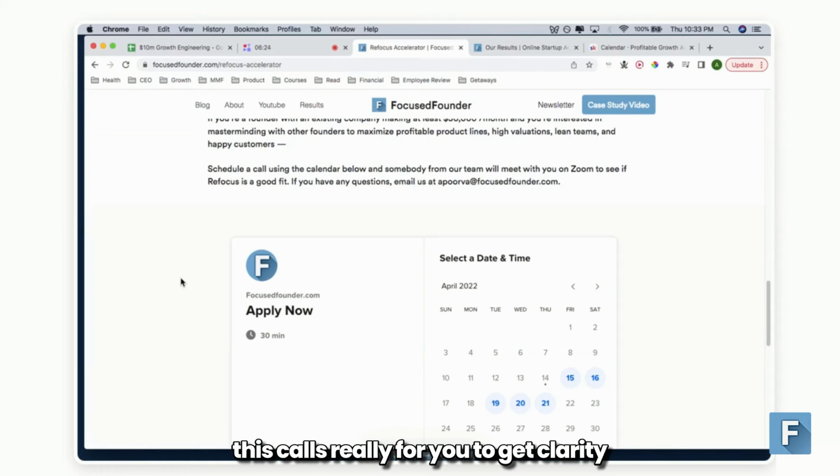This call is really for you to get clarity on where you want to go, how you want to get there, and what kind of impact you want to make on the world. I started this a couple years ago, right before the pandemic hit, so that I could help founders make as much impact as possible and really shift the world towards a better place, where people aren't talking about post-apocalyptic scenarios because of global warming.